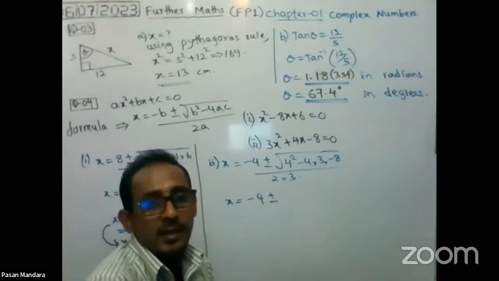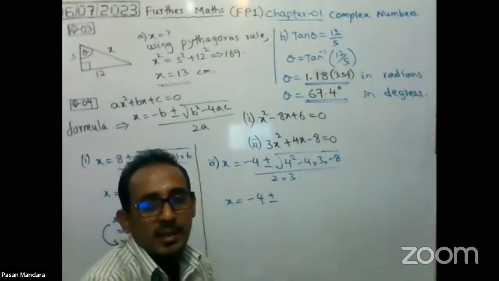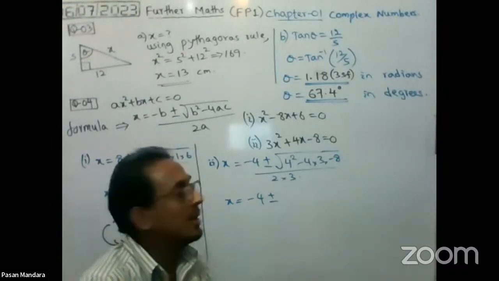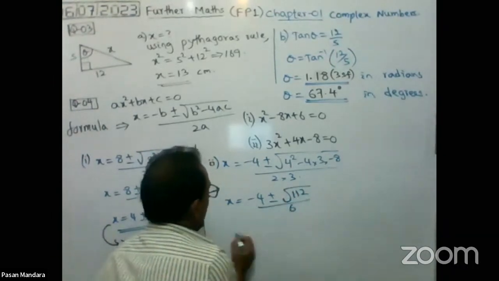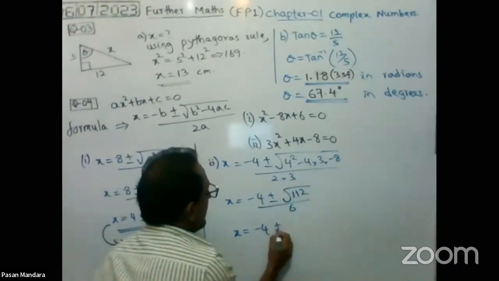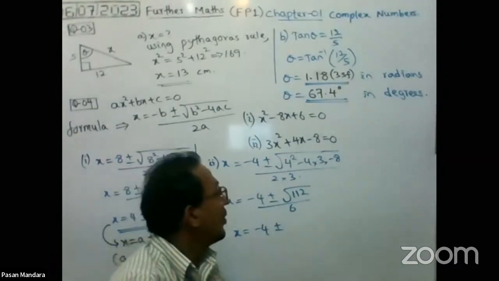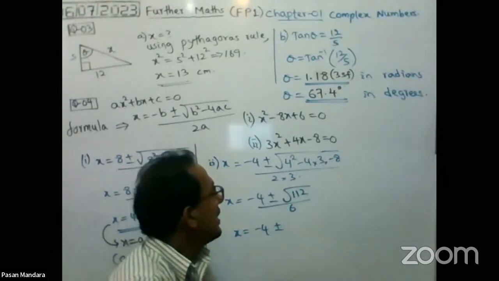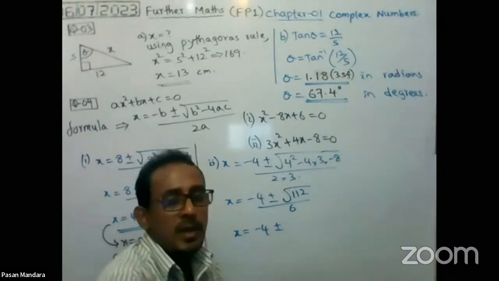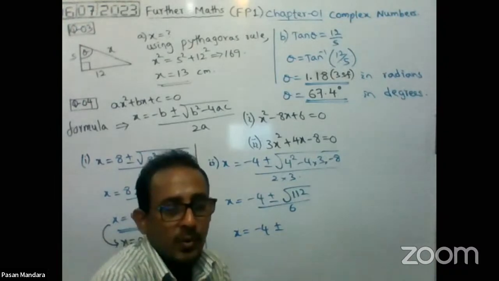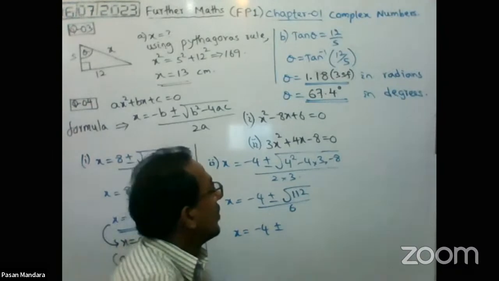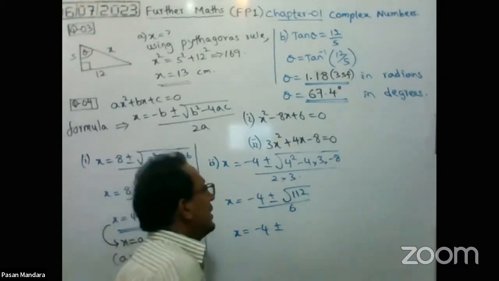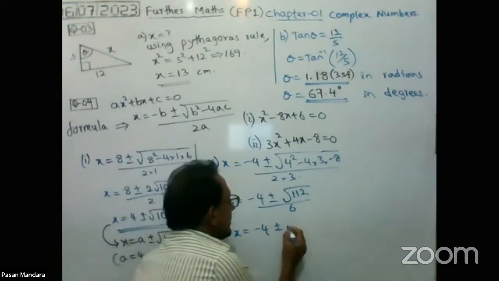So 96 and 16, once you add, 112 comes. So then root 112 over 6. But root 112, if you divide by 4, you will get 28. 28 again you can divide by 4, that is 7. So 16 into 7. So that is 4 root 7.